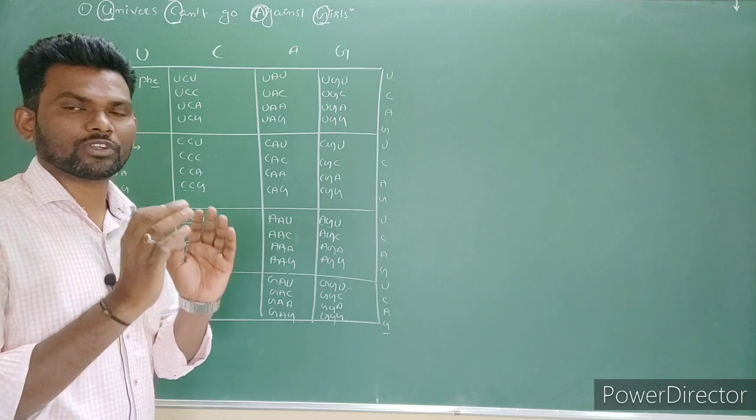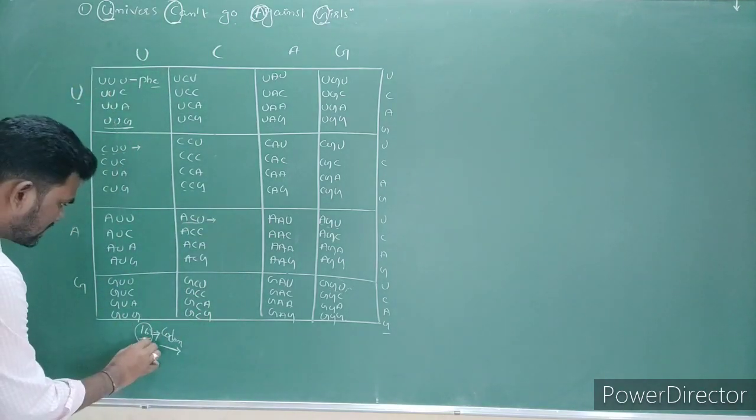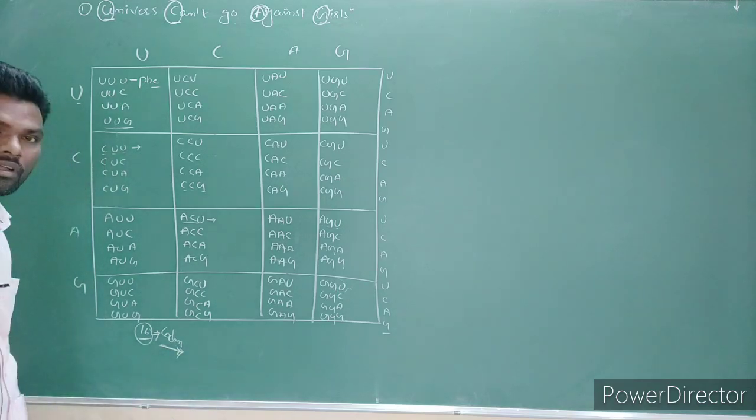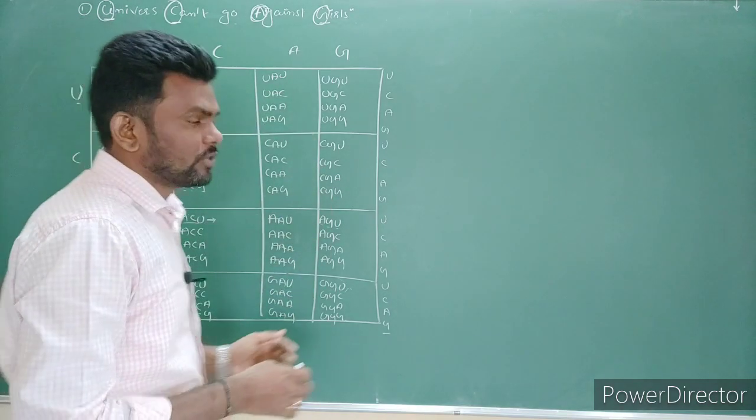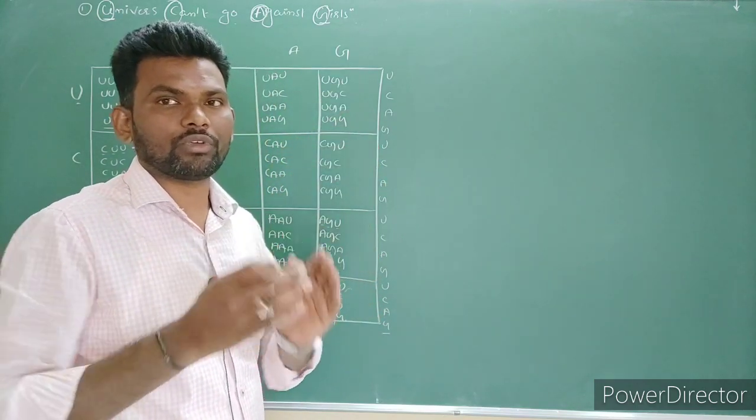So for that I prepared one small story for the first column. The first column has 16 codons. By using this small story, you can remember the total number of amino acids and which codon codes for which amino acid.